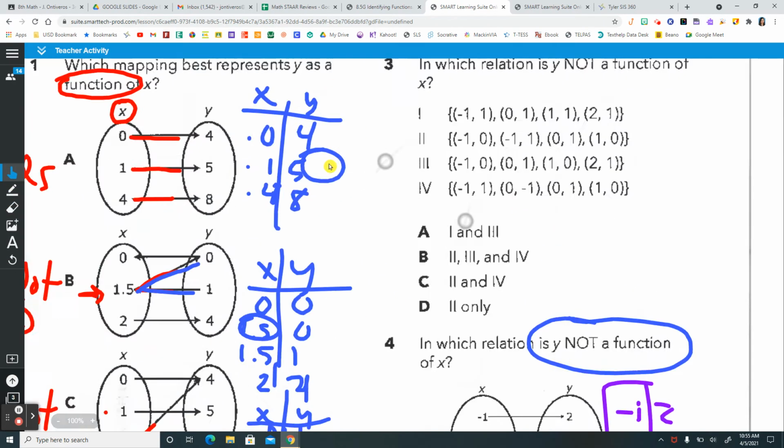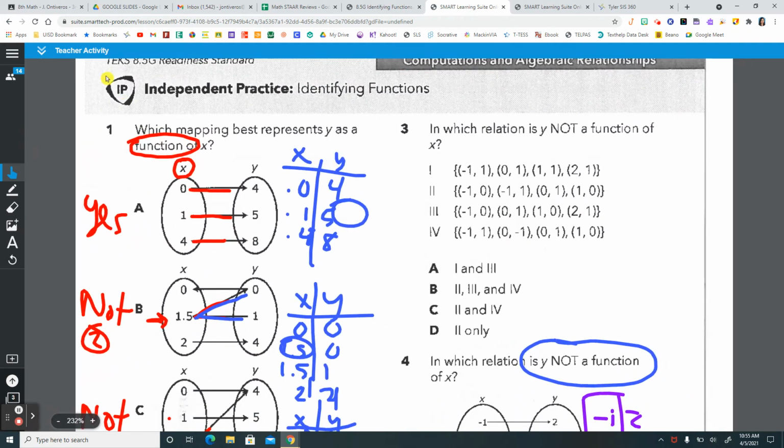And I'm going to go over number 3. It's asking which one is not a function. So I'm just going to look at the x values here. Notice that none of them are repeating, so that is a function. On the second one, I can see right away the -1 is repeating, so this is not a function.